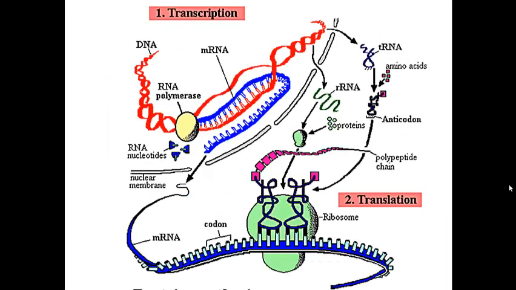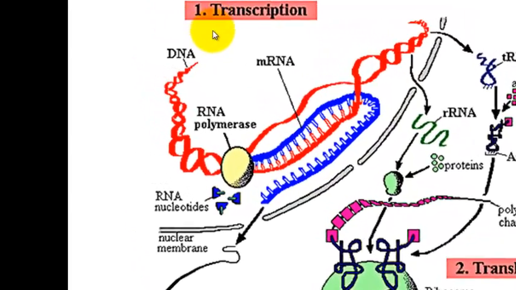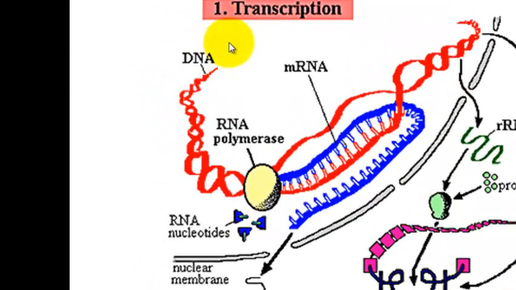So let's use this diagram here to have a look at these processes of transcription and translation and piece everything together. So we're basically inside a cell, and this is the nuclear membrane here. So this whole structure around here would be the nucleus. And what we have here is two things happening. We have the DNA, which is transcribing some instructions to messenger RNA.